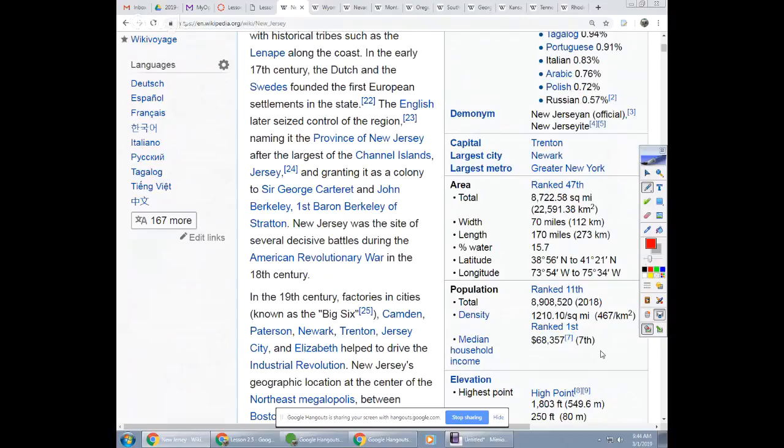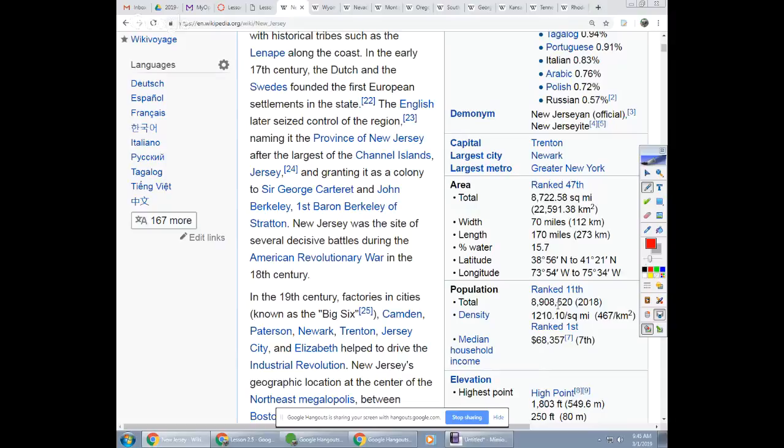And so what we want to record there, in addition to stating the population density, we should state where it came from. So that would be a land area of 8,723, if we round up, and the people, which is the numerator, is 8,908,520.